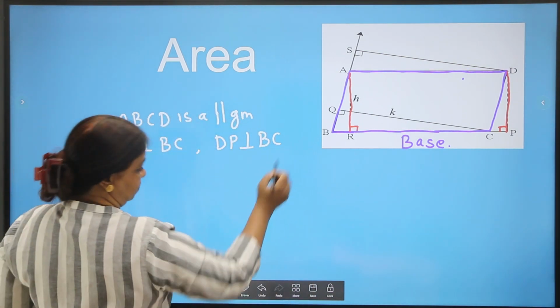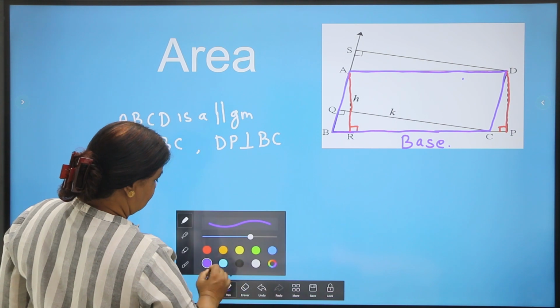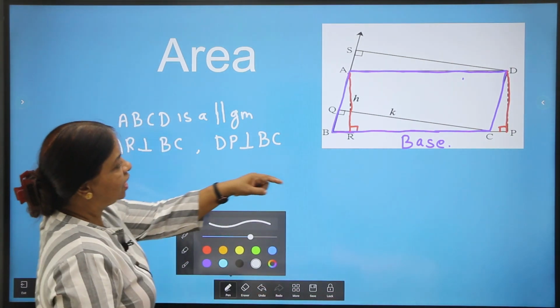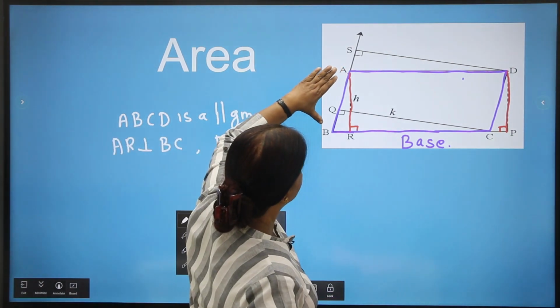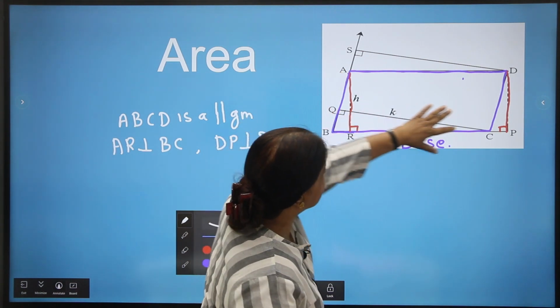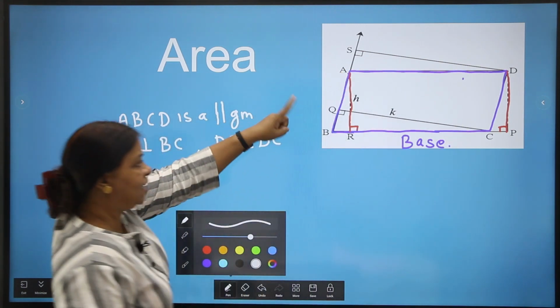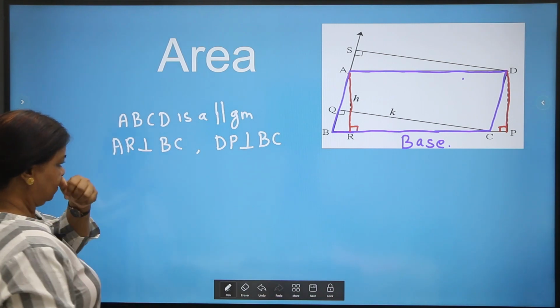So the same parallelogram, when we are considering ABCD only, now we will be considering ABCD only.